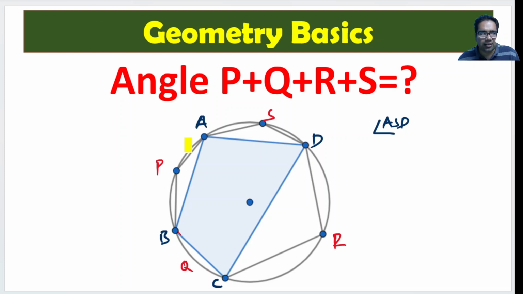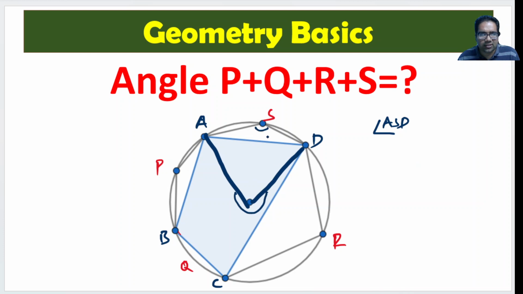ASD is the angle made by this entire arc, A, P, B, Q, C, R, D, except this top one. Now this arc will make this angle at the center.